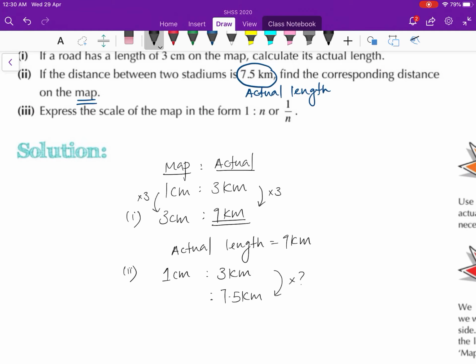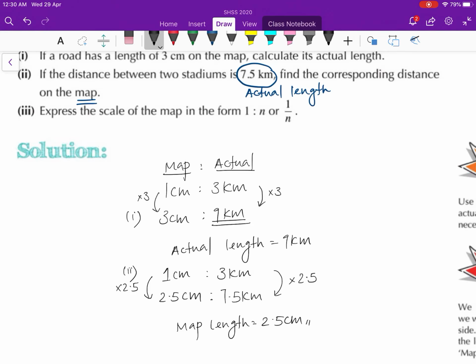I take 7.5, divide by 3, and I know, oh, this question mark is 2.5. So 3 must multiply by 2.5 to give you 7.5. So on the other side, I also need to multiply by 2.5. So this is 2.5 cm. So the map length is 2.5 cm, and you are done.